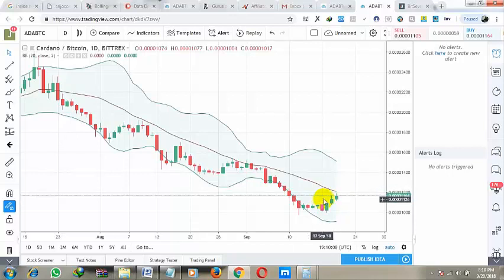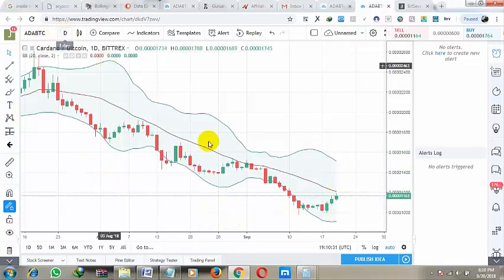But as an aggressive trader, I might decide to wait till I see another candlestick open below this band to the negative, okay, then I know that this bullish trend here has ended, signaling a reversal in price.